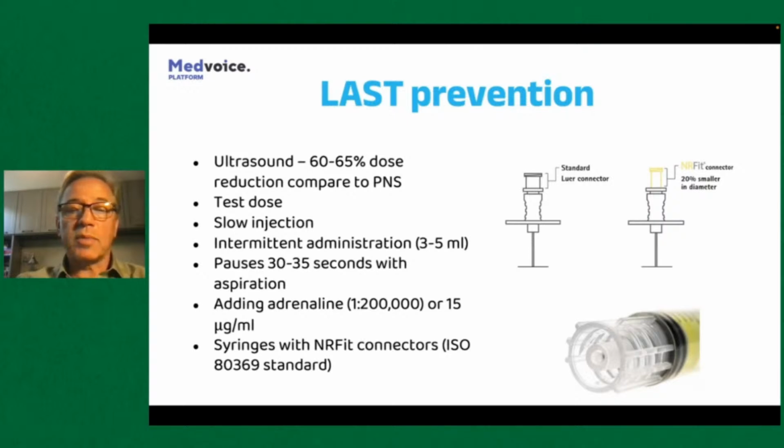And if you just use a massive dose, obviously you will achieve the total spinal, but your catheter could be migrated not into the CSF, but also intravascularly. Inject slowly, inject intermittently, 3 to 5 mils, stop, observe, give pauses between these portions. And if you use adrenaline, then you will quickly see the increased tachycardia. So we normally use 1 in 200,000.